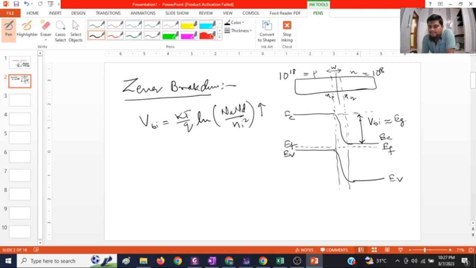Okay, because it has gone almost the full band gap, since it is very highly doped. The Fermi level in P type will be very close to EV, and the Fermi level in N type material will be very close to EC.